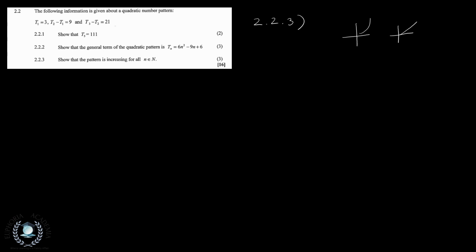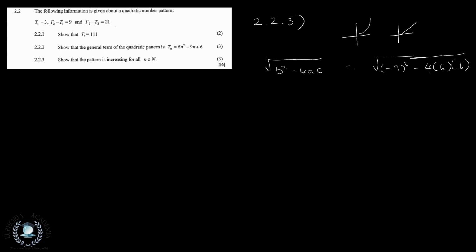Now, you can see that our discriminant, so what is underneath the square root, b squared minus 4ac, if we were to substitute what we have, our b is -9 squared minus 4 times our a is 6, and our c is also 6.